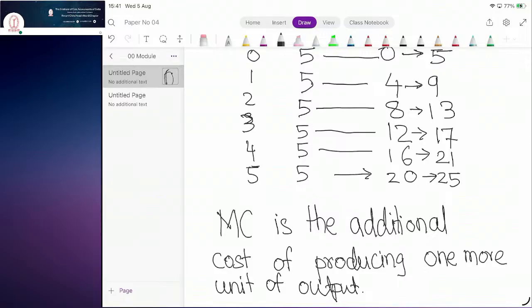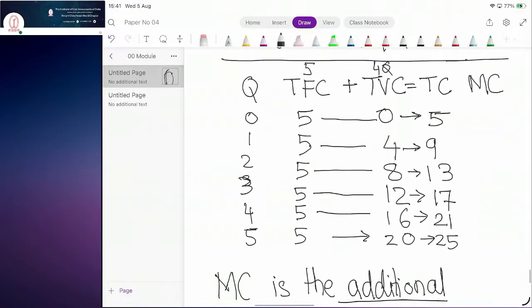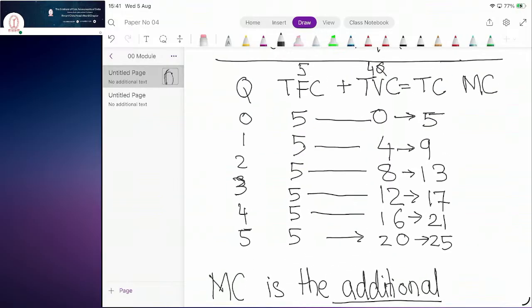Did you all get this? Marginal cost is the additional cost of producing one more unit of output. In this table, quickly calculate marginal cost. For 0 you cannot calculate.